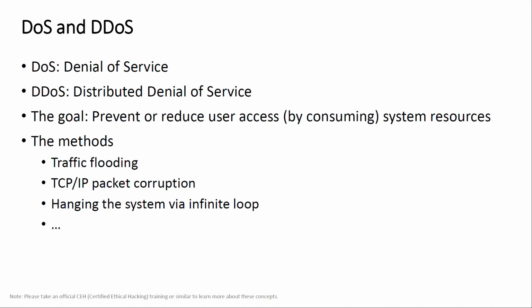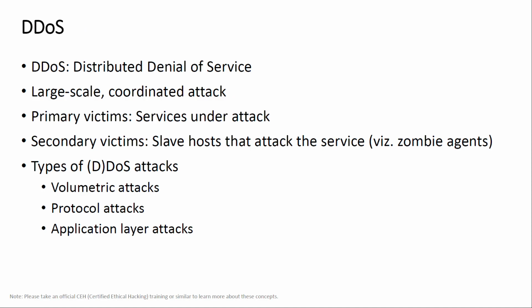So let's talk more about denial of service attacks and distributed denial of service attacks at the application layer. The goal is to prevent or reduce user access by consuming system resources. The methods are traffic flooding, TCP/IP packet corruption, hanging the system via infinite loop, and so on.